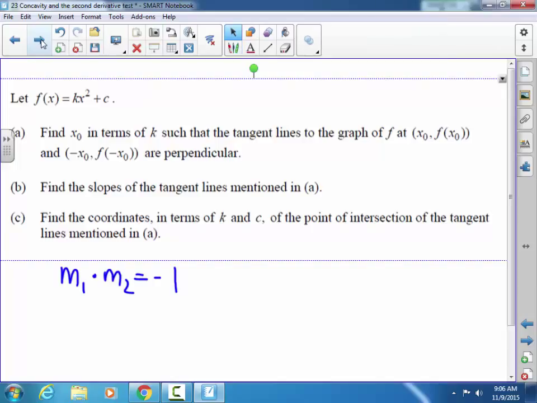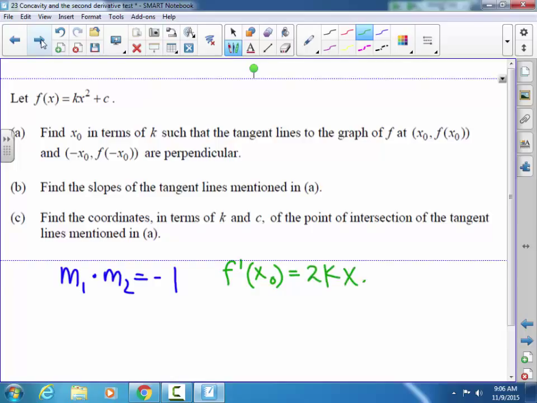One could be 2 and one could be negative 1/2, 3 and -1/3, 7 and -1/7. Okay, tell us where you got that from.